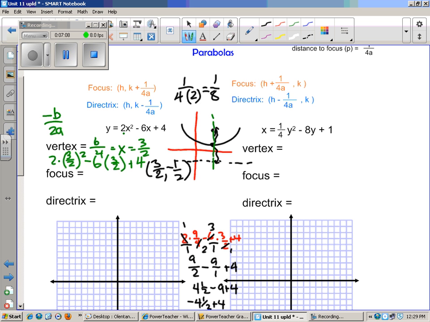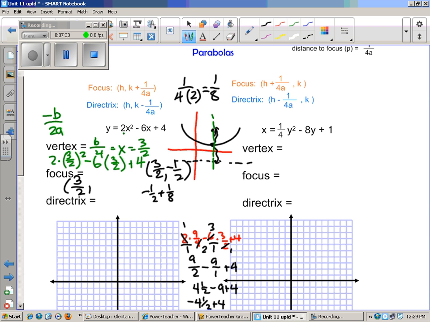All right, and the focus is going to be right above the vertex, so the 3 over 2 is going to stay the same, but the y-coordinate is going to be 1/8 of a unit higher. So I take negative 1/2 and I add 1/8 to it.